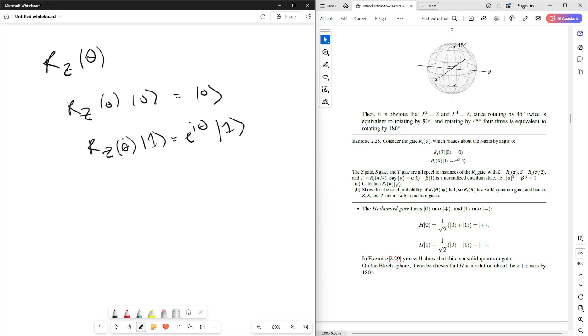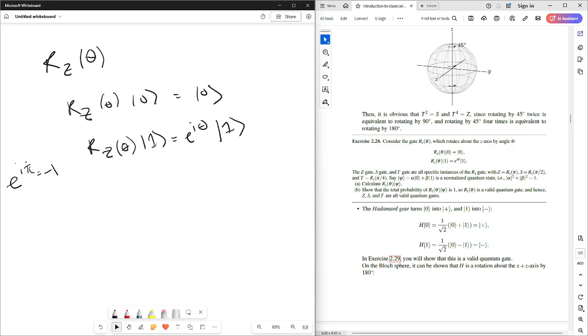So the Z gate, S gate, and T gate are all specific instances of the RZ gate. Z is when theta is equal to pi, because e to the i pi is -1.